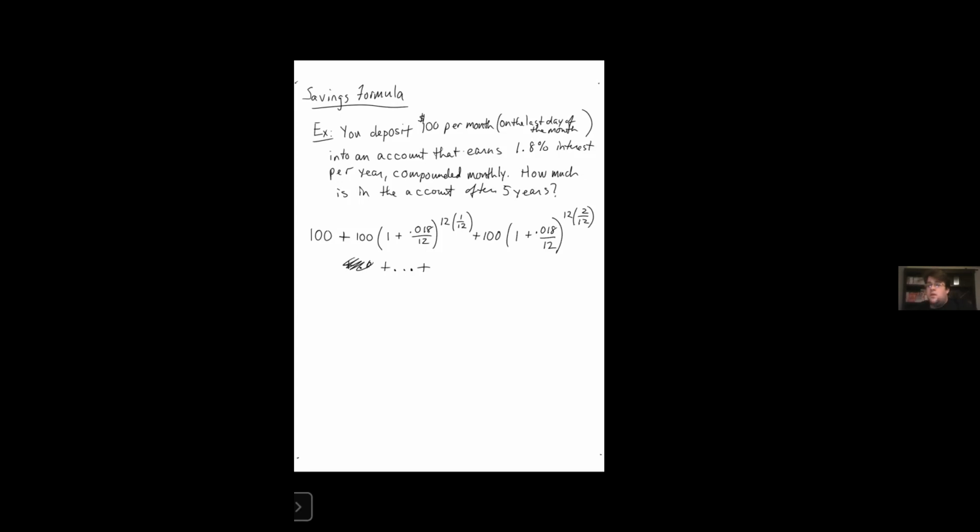And what is the first deposit worth? Well, it starts out as 100, but it earns interest. How much interest does it earn? I should have written that lower.